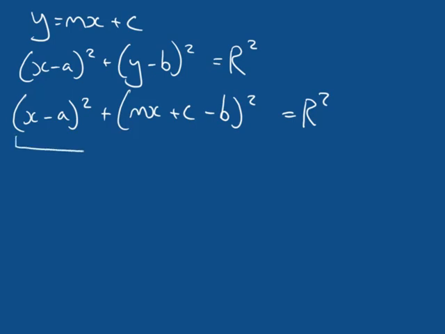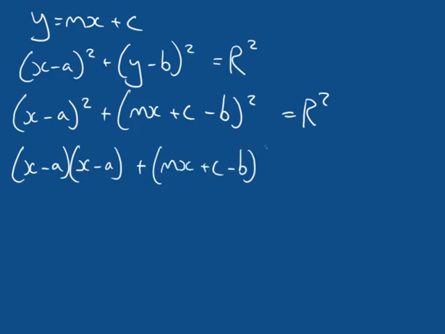So the first thing we know is if we have something squared, it's the same as having that multiplied by itself. So (x minus a) squared becomes (x minus a) multiplied by (x minus a). Then we're going to add (mx plus c minus b) all squared. So that's the same as having (mx plus c minus b) multiplied by (mx plus c minus b), which is equal to r squared.